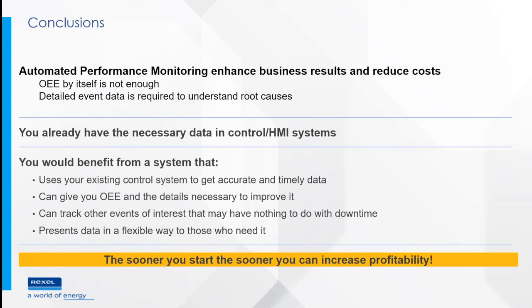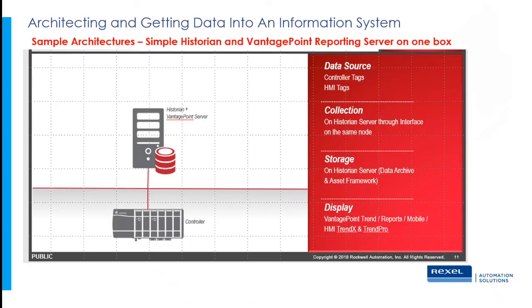You see what's going on in your system and machines, things you didn't even know were happening. So the reporting solution that Metrics offers will, I think, open up your eyes. The sooner you start, the sooner you're going to start to increase your profit margin.